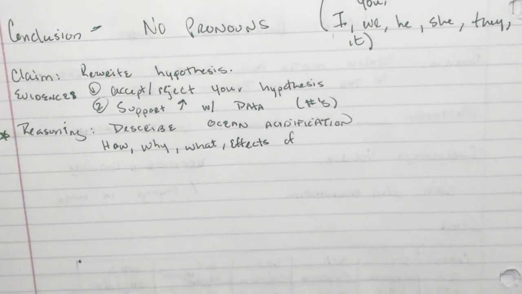I put a little blurb right here. You can click on it. It says background. So I put a little something right there for you to be able to read to help you out. Or you could just go back to your notes. Okay? Once you've done that, turn it in and you are done.